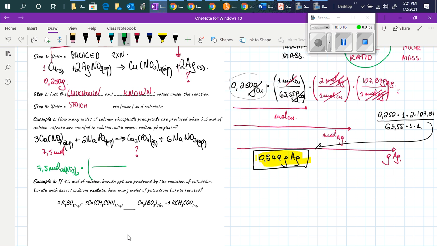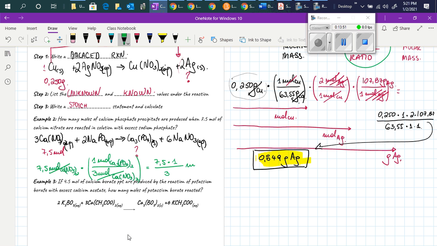So this will be 1 mole of calcium phosphate to 3 moles of calcium nitrate. So moles of calcium nitrate cancels out. And then what you have is a calculation here: 7.5 times 1 over 3.